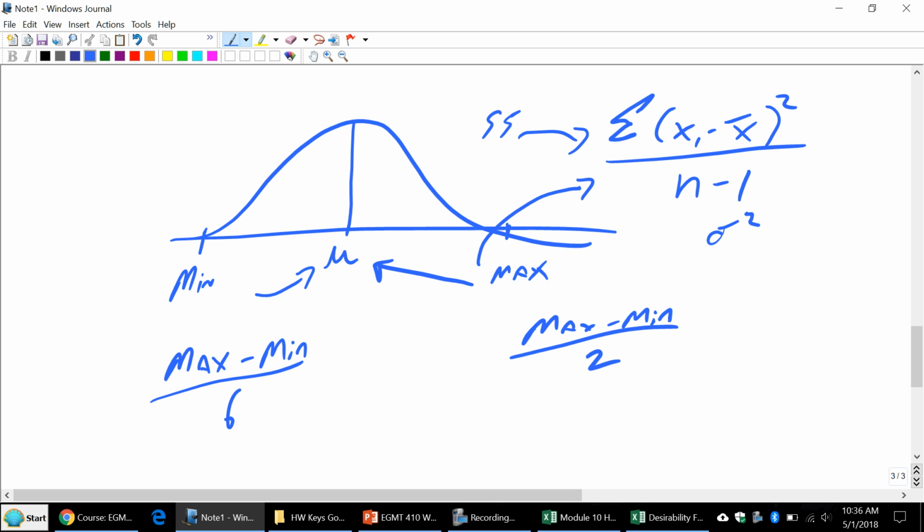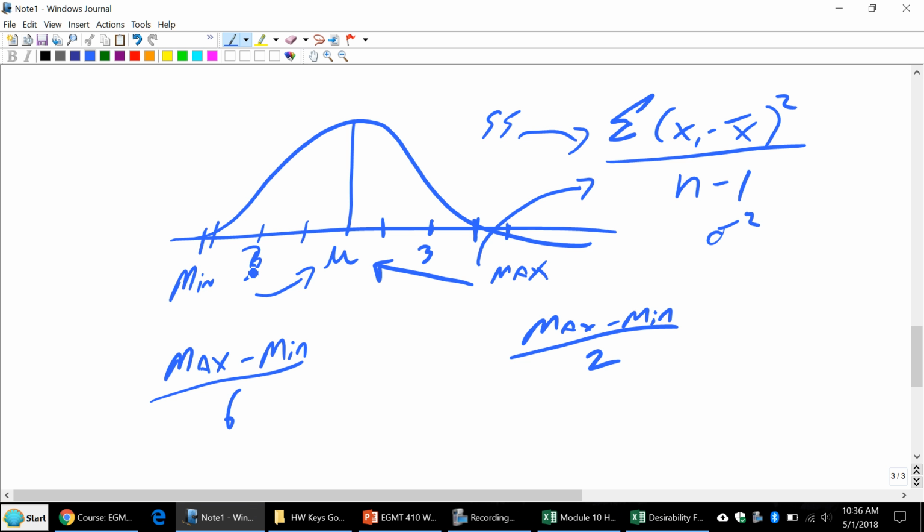Because in statistics, you have these things called standard deviations. 1, 2, 3. And 3 standard deviations represent 99.73% of the data. So it's almost 100% of the data. So if you divide out by 3 plus and 3 minus, you get a total of 6.